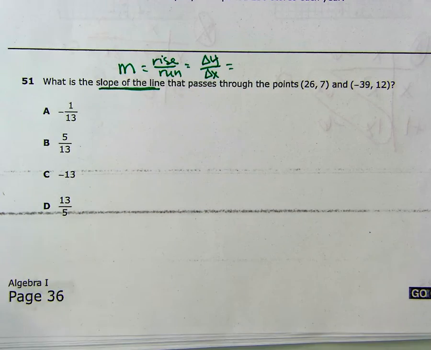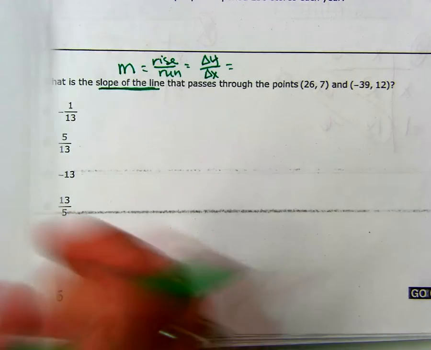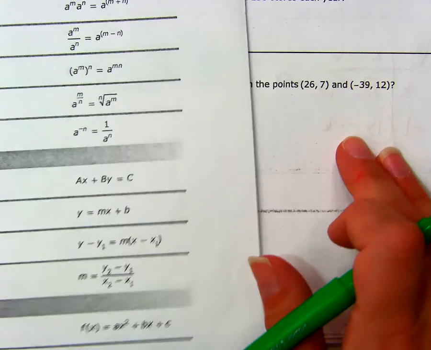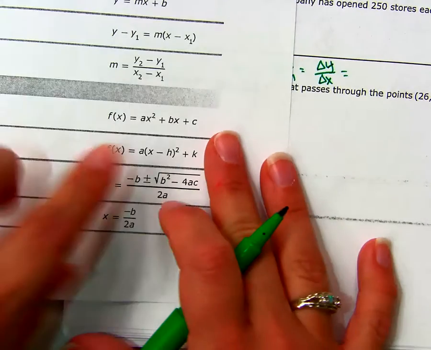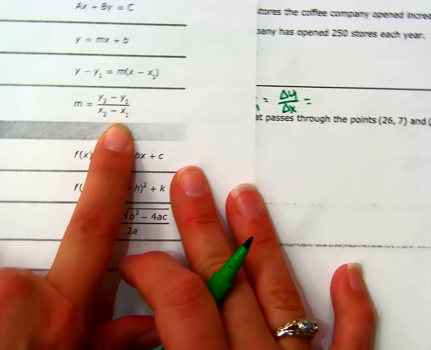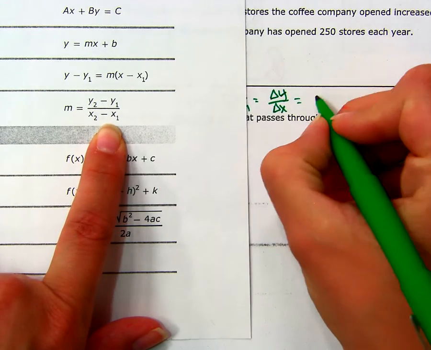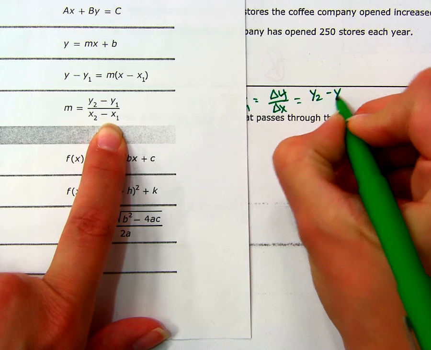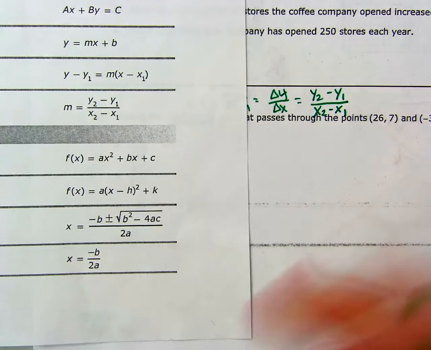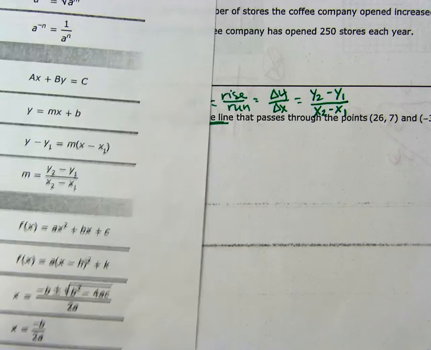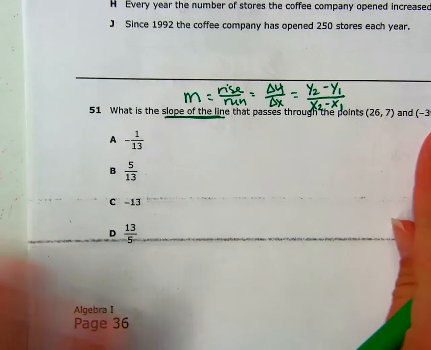We can also think of it with the formula off of our formula card. So if we pull out our handy dandy formula card that you've got from your benchmark, it says y2 minus y1 over x2 minus x1. And that's the way that we want to go when we have these 2 points.